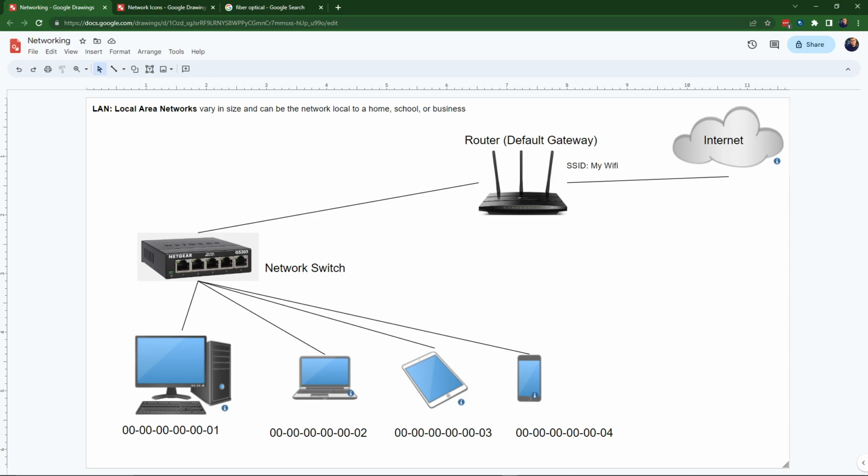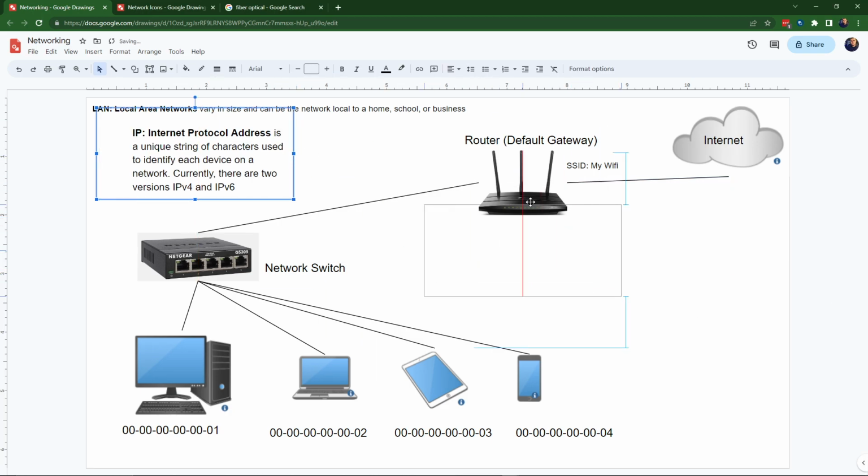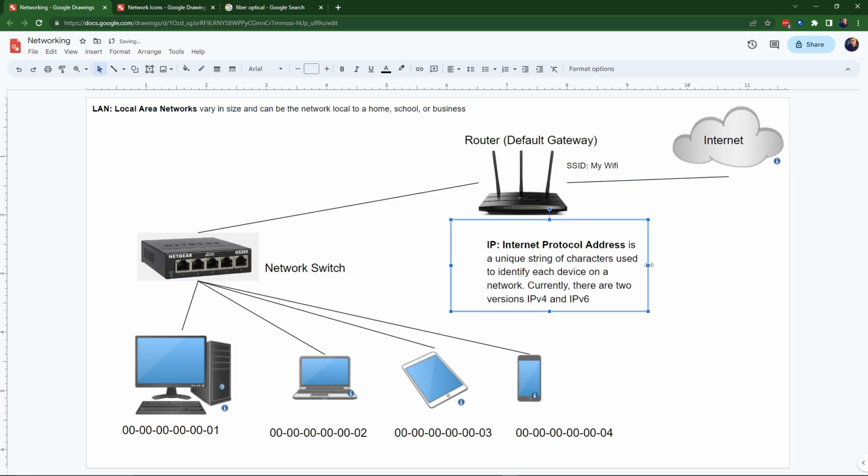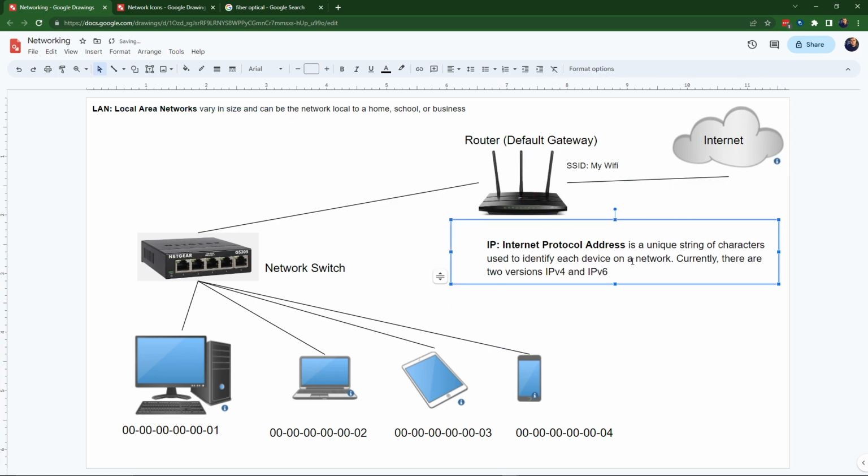Now we need something in order to communicate with the internet, and it is called an IP address. So let's look at what an IP address is. So internet protocol address, IP protocol, is what we use in order to give each device its own address. Right?